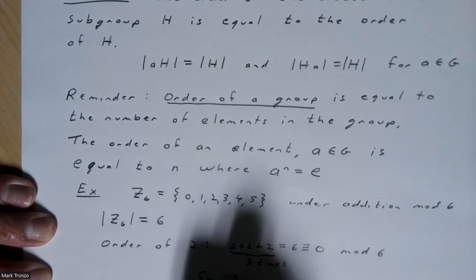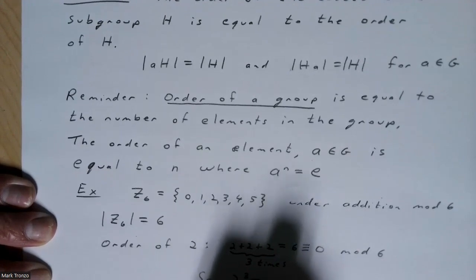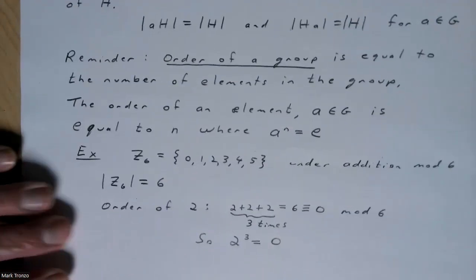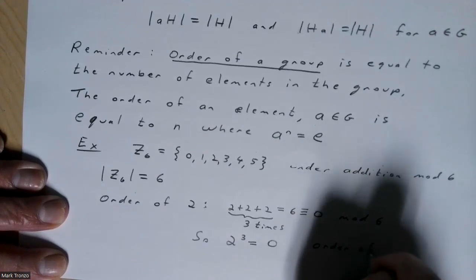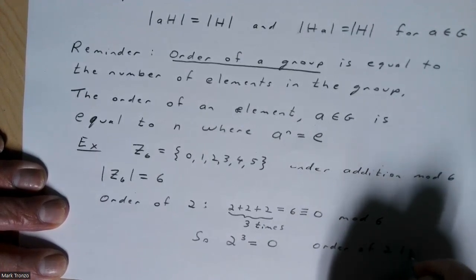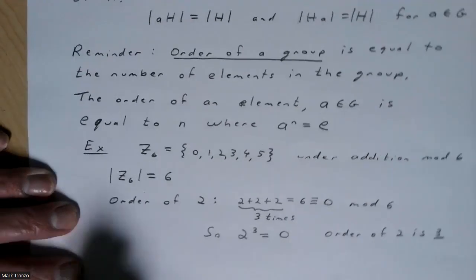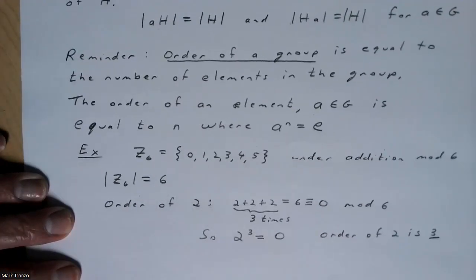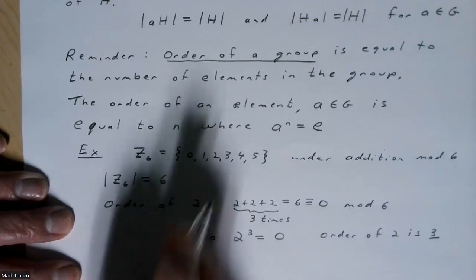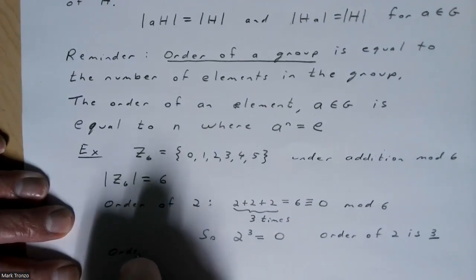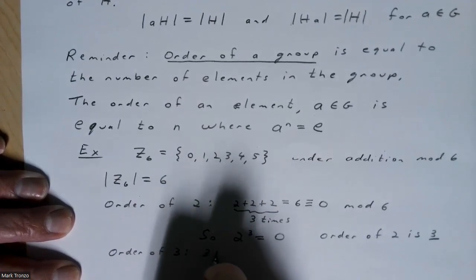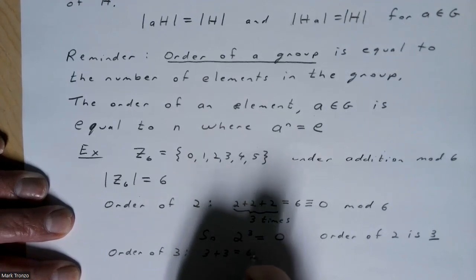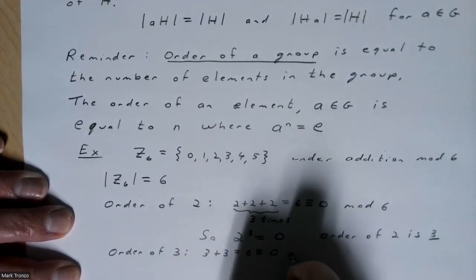So we would say 2 to the 3rd is equal to our identity. So the order of 2 is 3, since we had to do it 3 times. And then the order of 3: we just have to take 3 plus 3 to give us 6, and that's 0 mod 6.